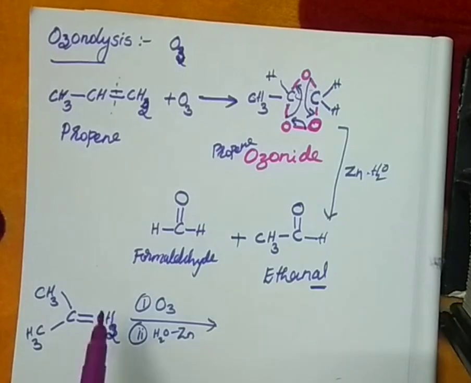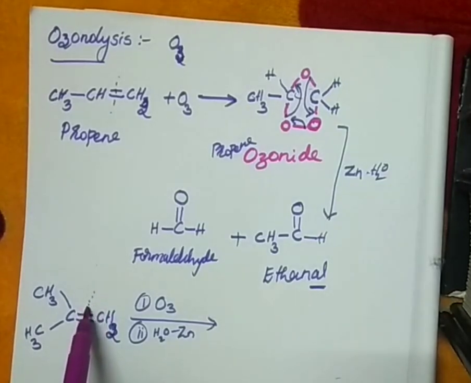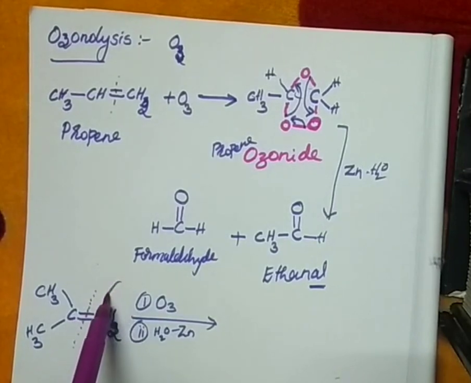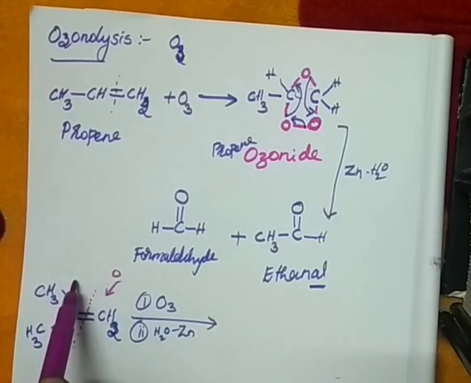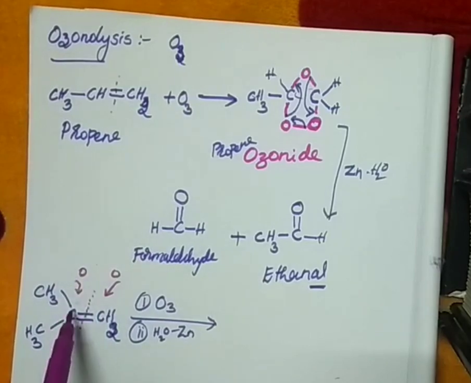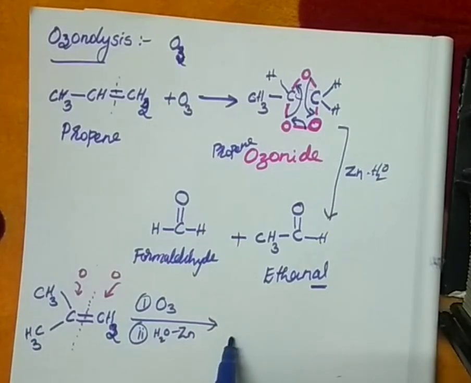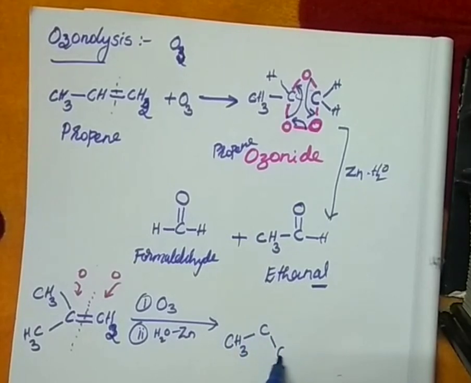How? I will give you a hint. First break the reactant like this, and add one oxygen to this side and one oxygen to this side, and keep it as a double bonded O, that means carbonyl fashion. See here, this carbon with the same substituents, I have to write CH3, C and CH3.